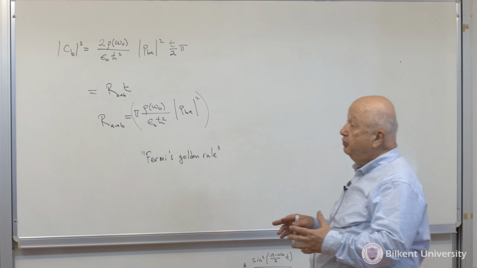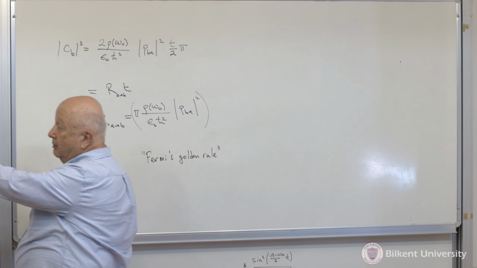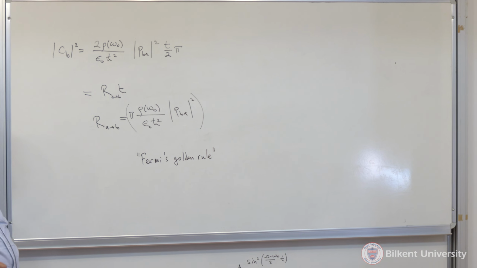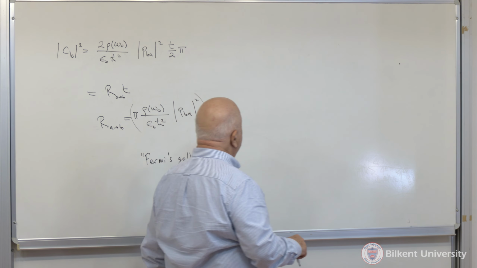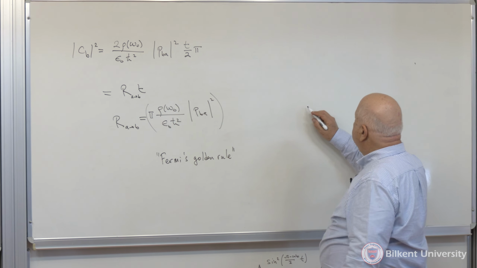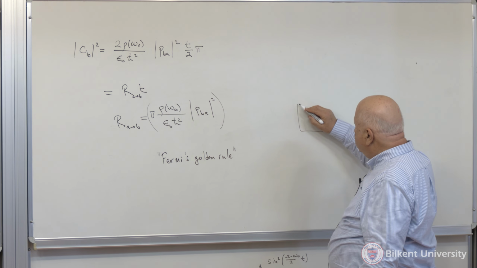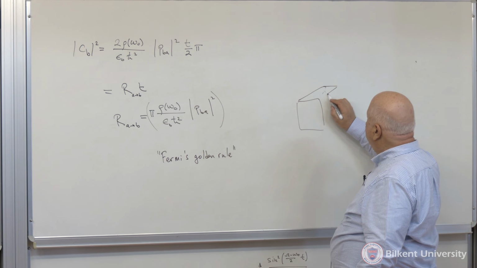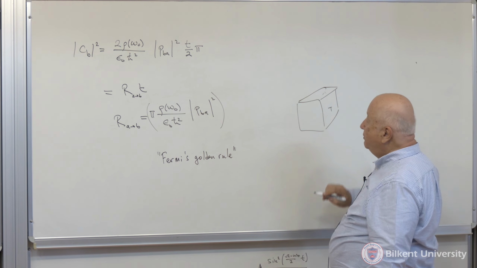For example, we can put our atom in a black box, a black object, which can be modeled very well with a cavity at a certain temperature.